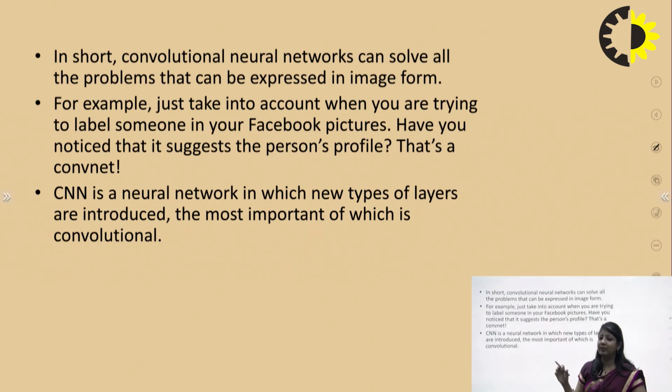We have to label someone in images, like in Facebook, where we tag faces and it identifies the person. So Facebook is already using the CNN network. CNN is very important, and with its connected layers we can identify images and objects from the images.